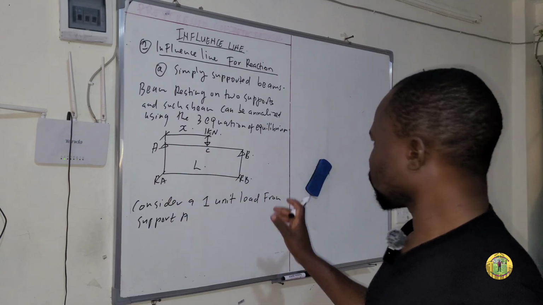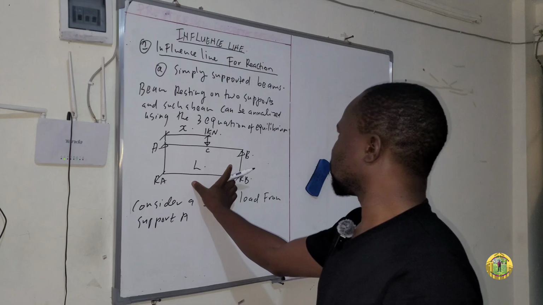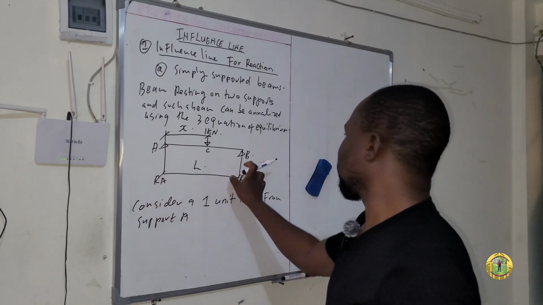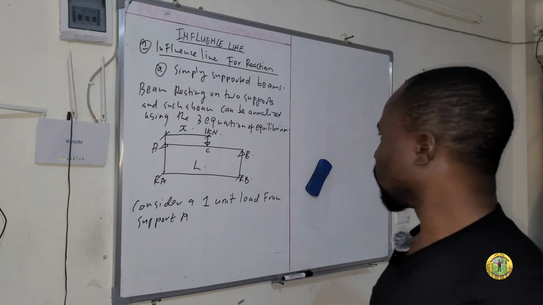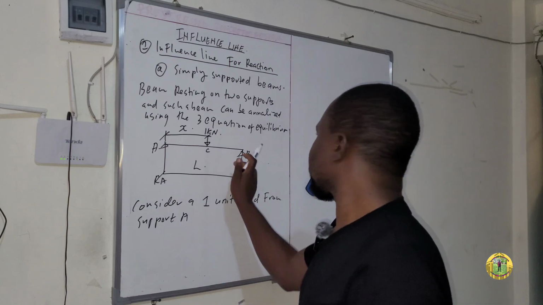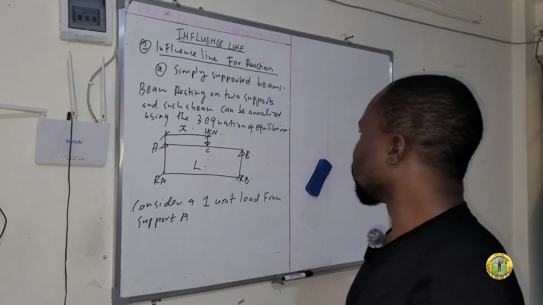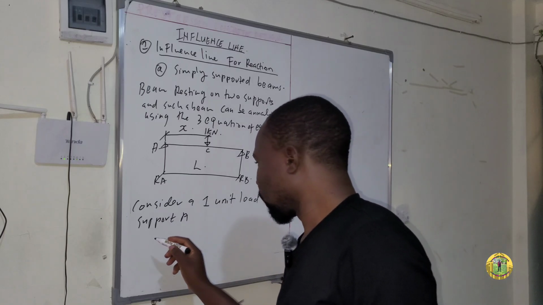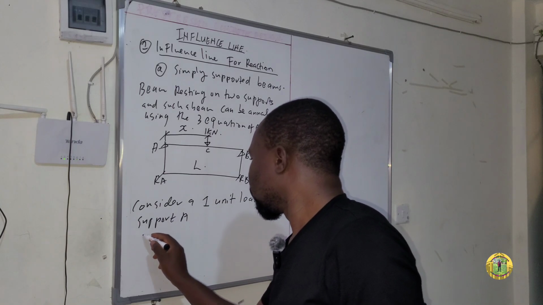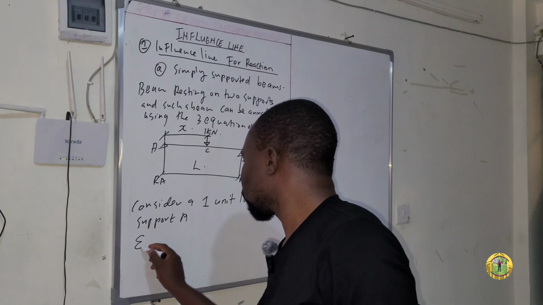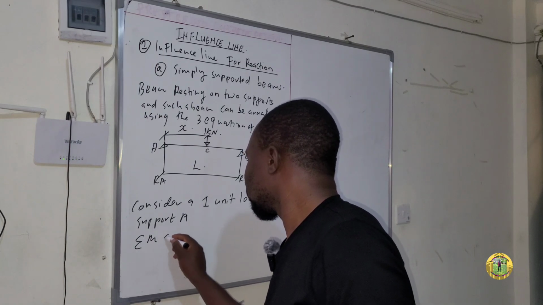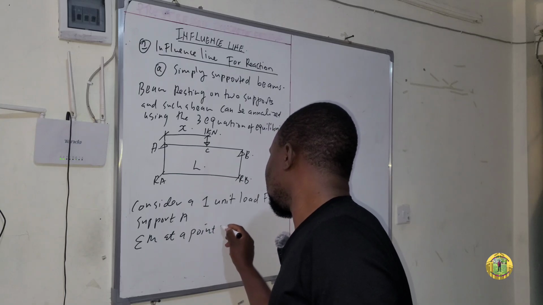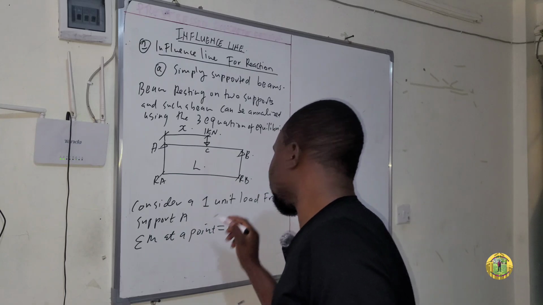So this is a simply supported beam. To calculate reaction A and reaction B, because such a beam can be analyzed using the three equations of equilibrium, we will say summation of moment at a point is equal to 0.